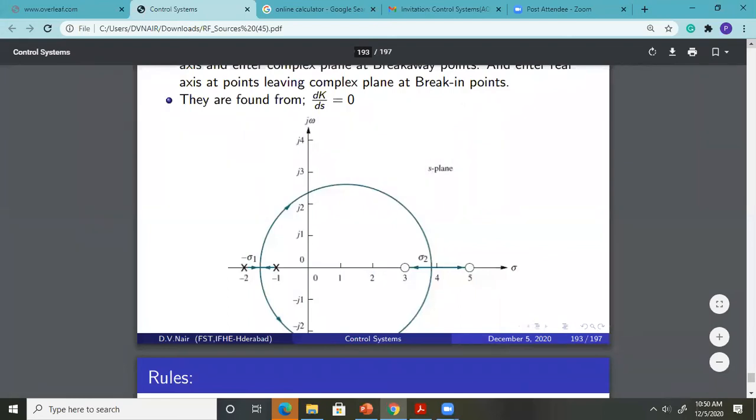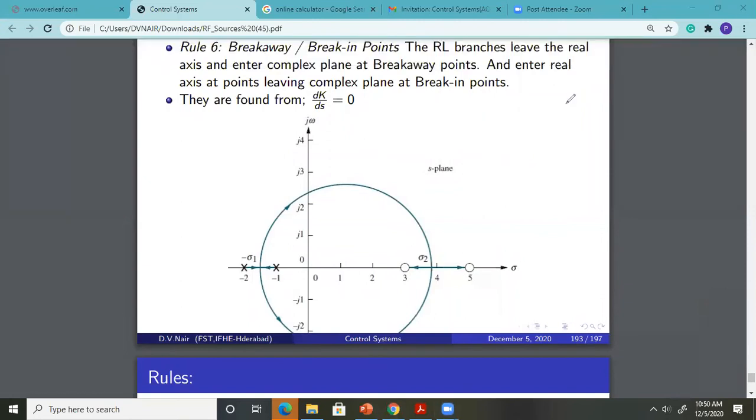There is no confusion. Can you help us quickly here, Ben? What will be the values at which we get the breakaway point? What is the equation, Ben? Yes, sir.